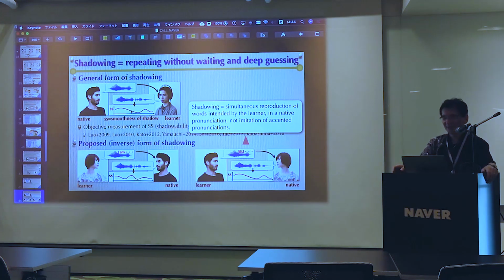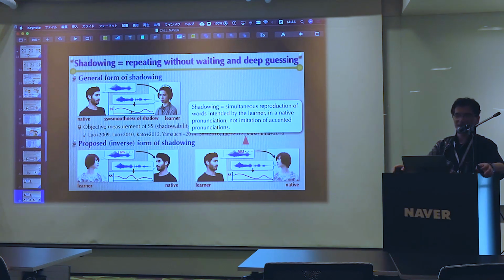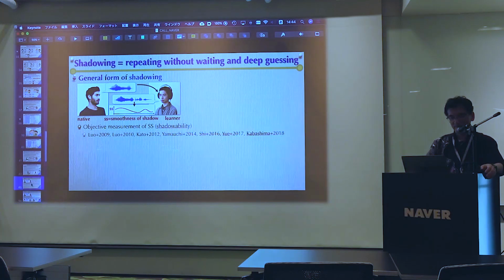Lots of different terms. Intelligibility and comprehensibility are the two most frequent words we encountered. So we thought about the difference between intelligibility and shadowability, and between comprehensibility and shadowability.